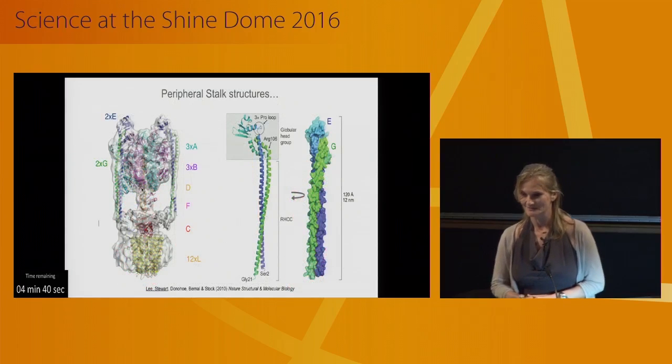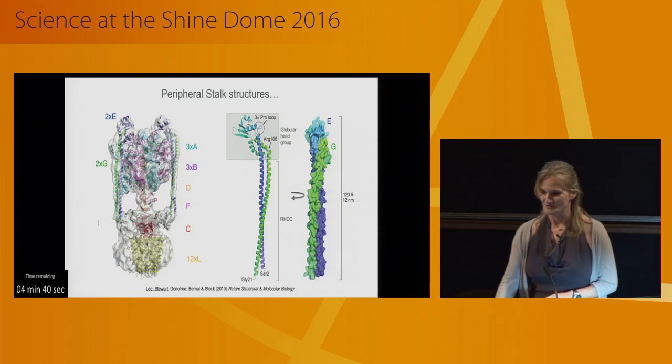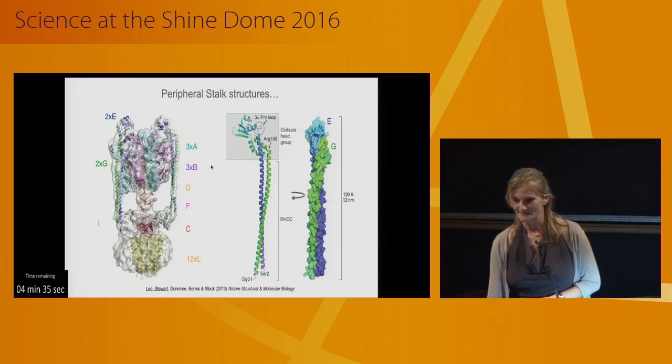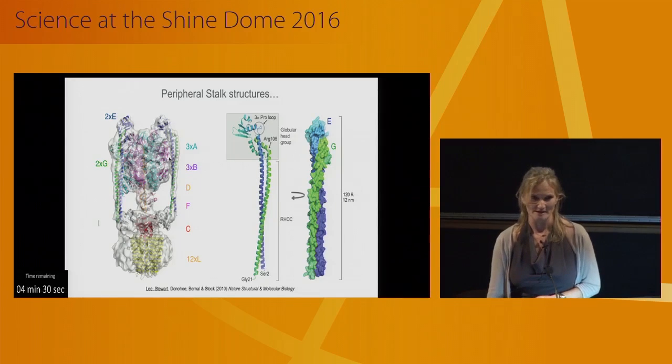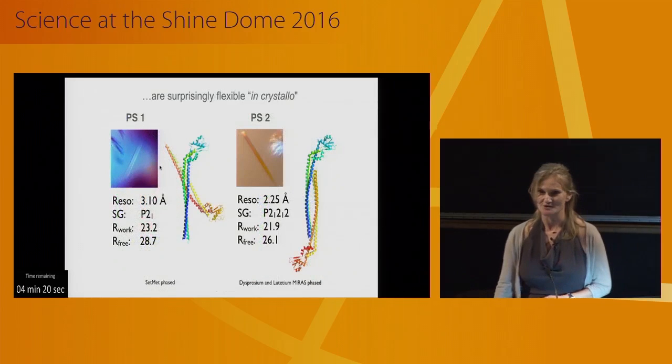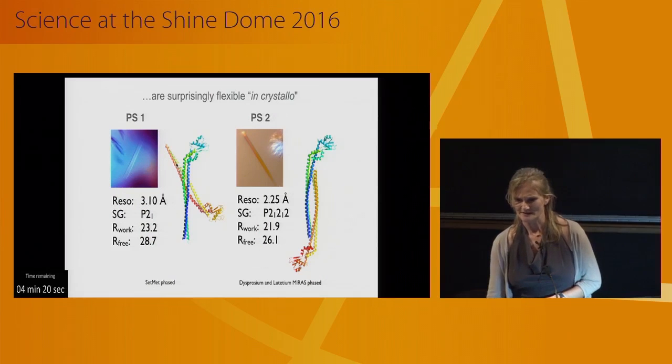Now, meanwhile, my group determined the structure of a peripheral stalk of this Thermus thermophilus AV-type ATPase. It showed an elongated structure that we could dock into the lower resolution electron microscopy density of the intact enzyme. And we determined 2 different crystal structures, and to our surprise, they showed slightly different structures.